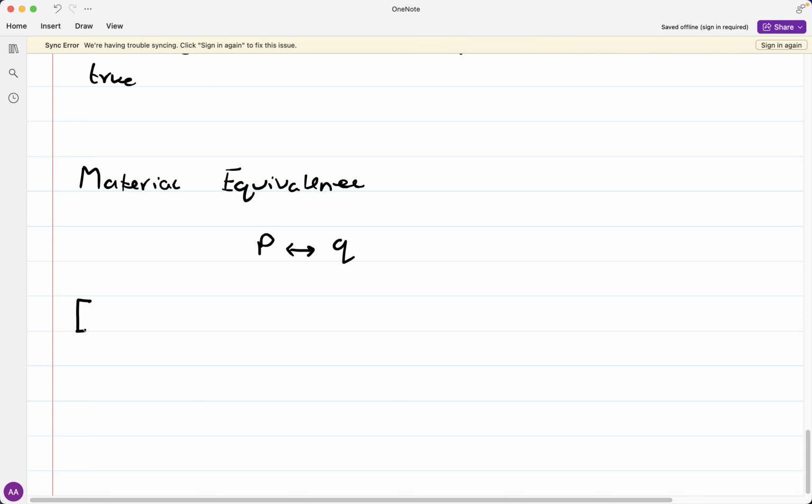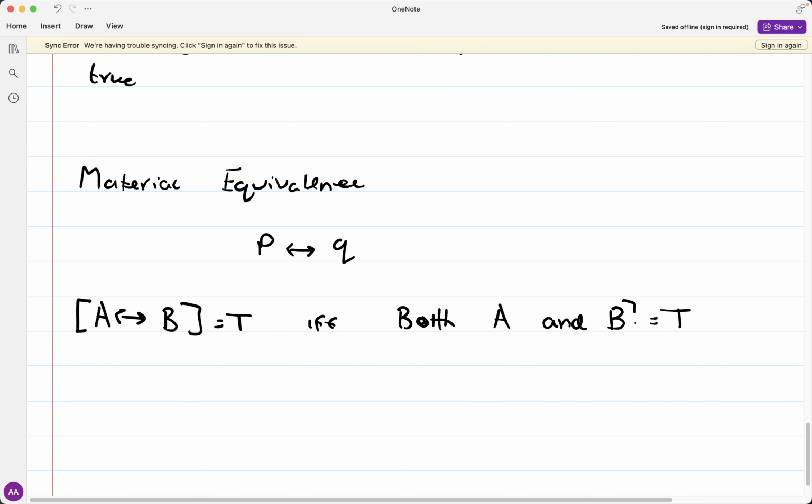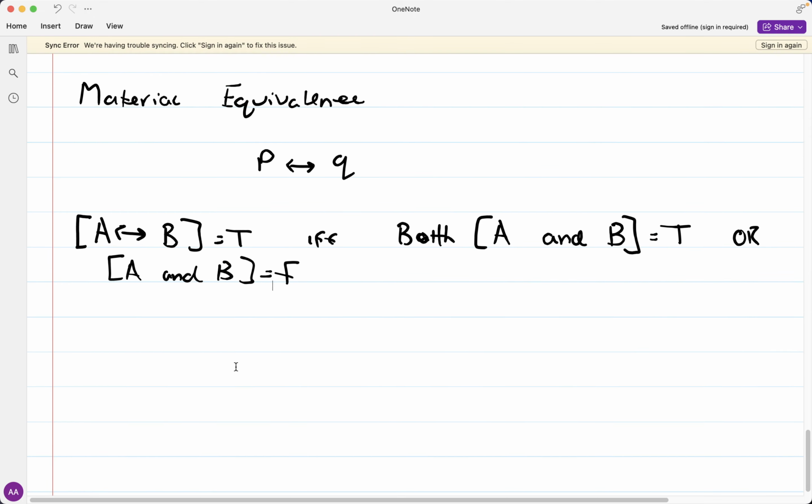So let's just finally finish off with A, if and only if B is true, if and only if both A and B are true, or if both A and B are false. And that is the definition of the material equivalence.